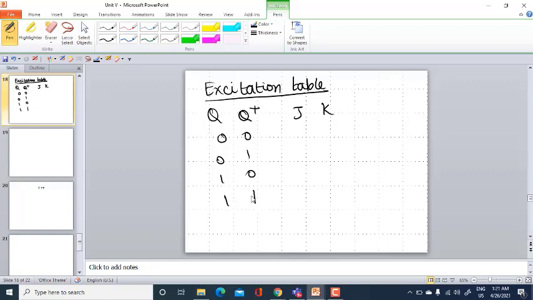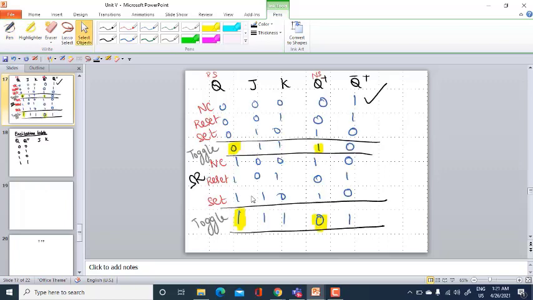Okay, let me go ahead. 0 and 0 of your input will be there, and 0 and 0 of your present state will be there in your rows 1 and 2. So for rows 1 and 2, J is 0, and K takes the value of don't care.